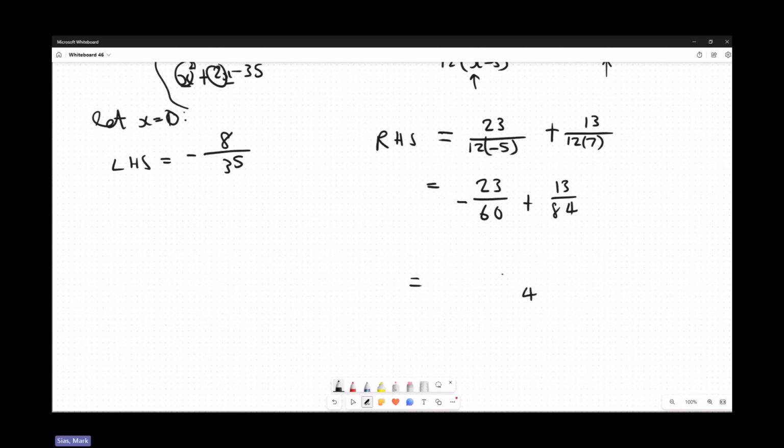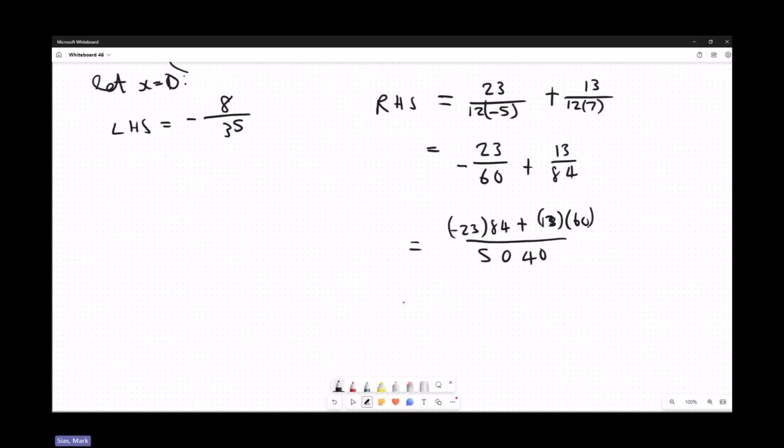So it's 5,040. Then 60 goes in the 84 times minus 23. 84 goes in there 60 times 13, gives me 780. And then, so we're just checking.